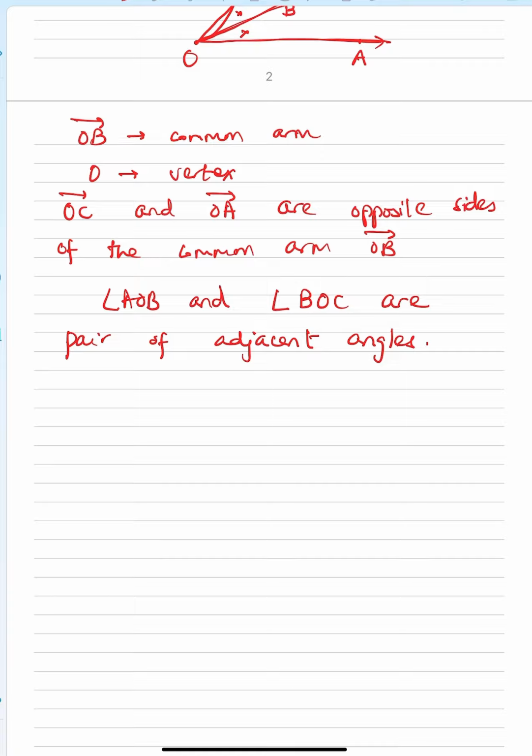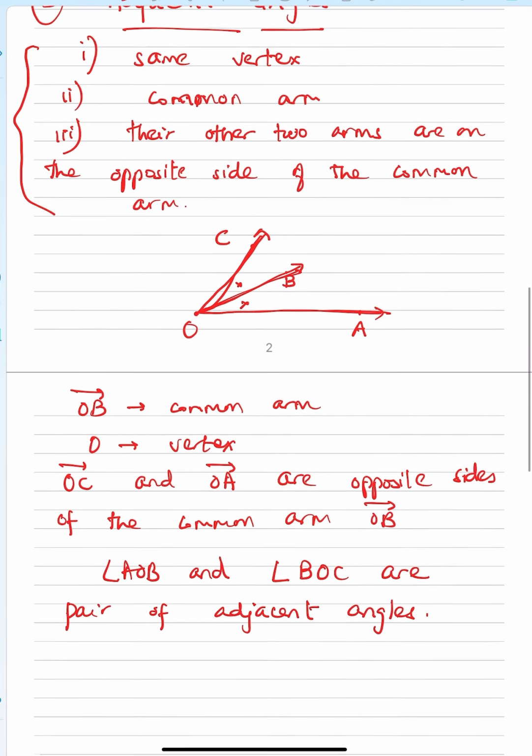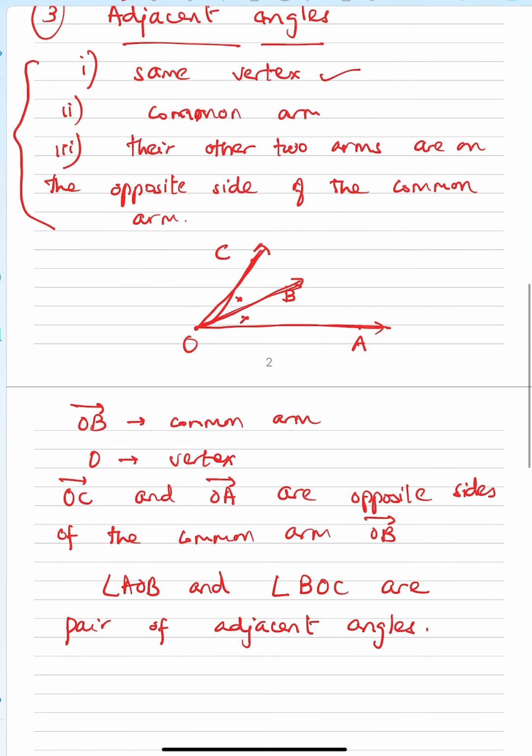Adjacent angles can have any measure. So two angles are called adjacent angles if they have the same vertex, a common arm, and their other two arms are on the opposite side of the common arm. Then they are called a pair of adjacent angles.